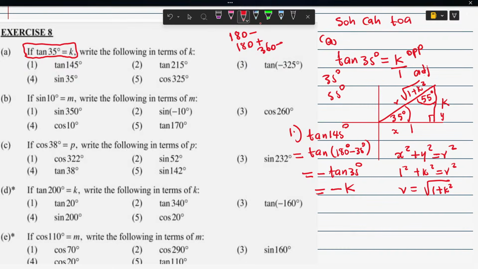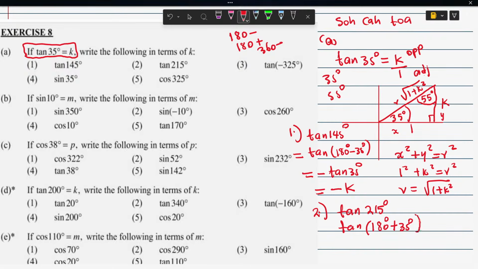Okay, let's go to the second one. Let's look at the second one, my dear learners. It's tan 215 degrees. For 215, we're going to have 180 degrees plus 35 degrees.